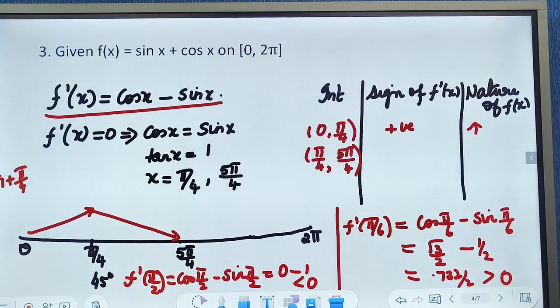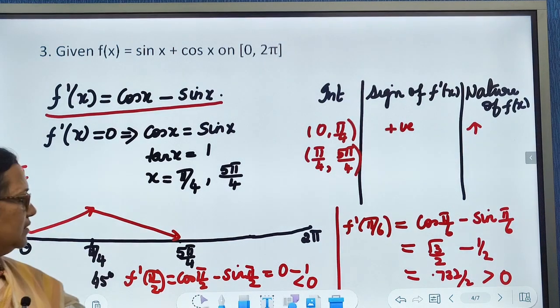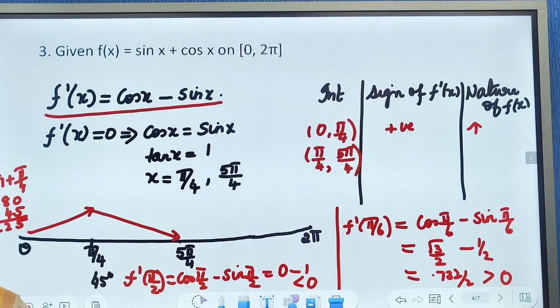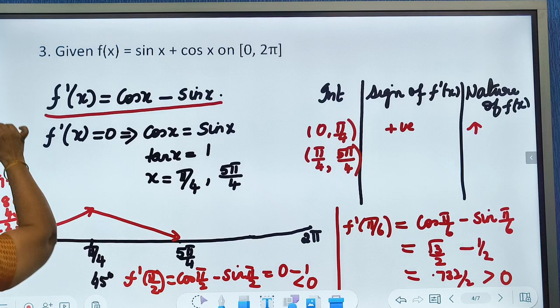Now 5 pi by 4 is what? Sometimes we are comfortable with degrees, so I'm doing it both ways. This is pi plus pi by 4, or 225 degrees. So between 5 pi by 4 and 2 pi, I can take 3 pi by 2, 270 degrees. So what will be f dash of 3 pi by 2?